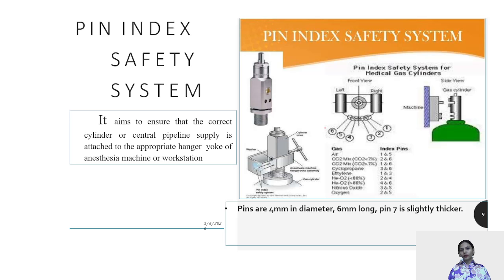When we talk about the pins, we have 6 pins in total, which are arranged in the form of an arc. This arc forms a circle whose center is your port. The radius of this arc is 9/16 inch.